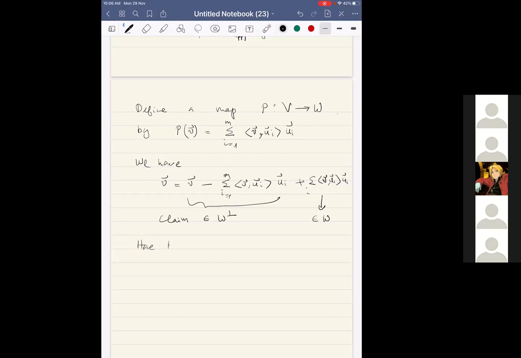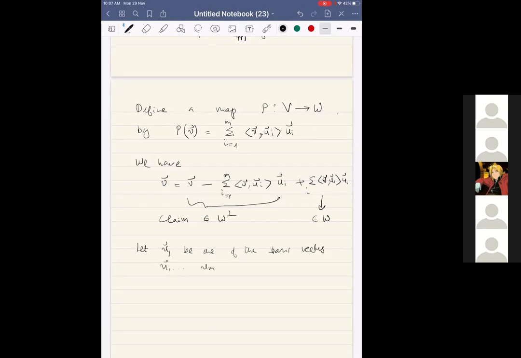So in fact, I had given you the hint. First, let uj be one of the basis vectors u1 to um.